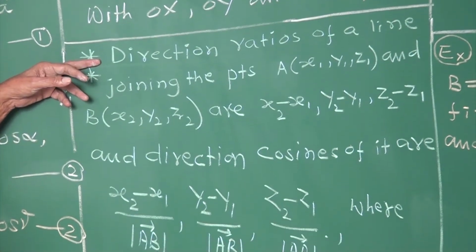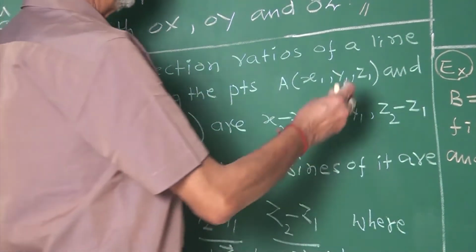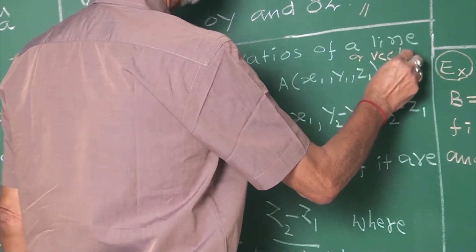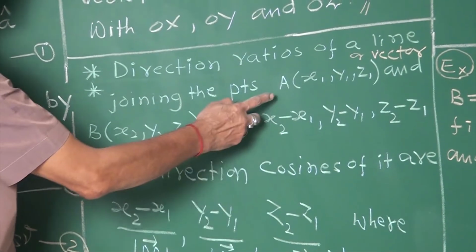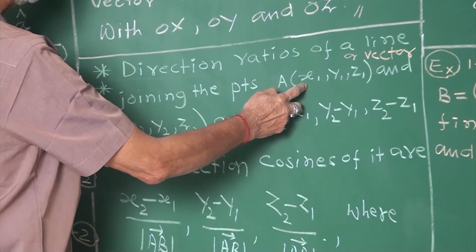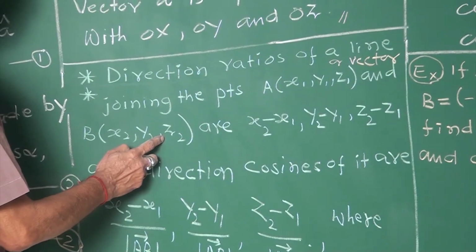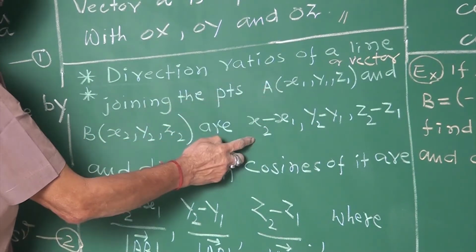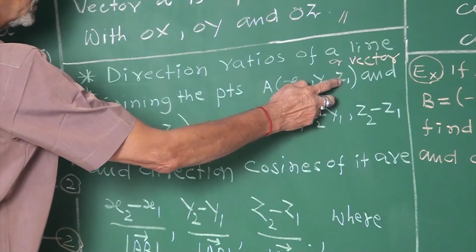Direction ratios of a line or vector joining the points A (x1, y1, z1) and B (x2, y2, z2) are x2 minus x1, y2 minus y1, z2 minus z1.